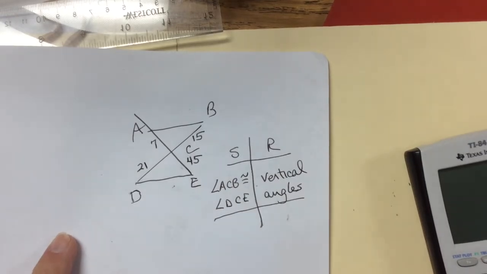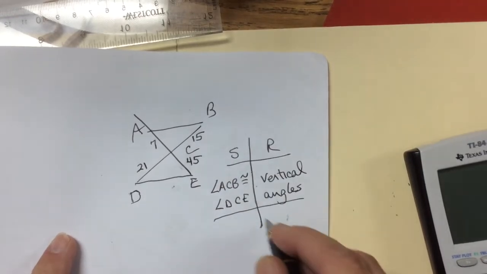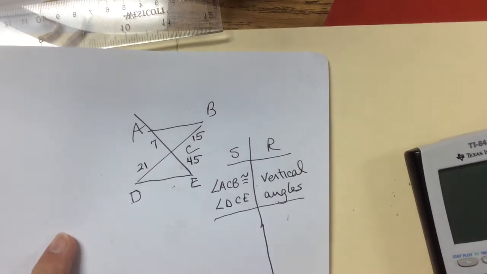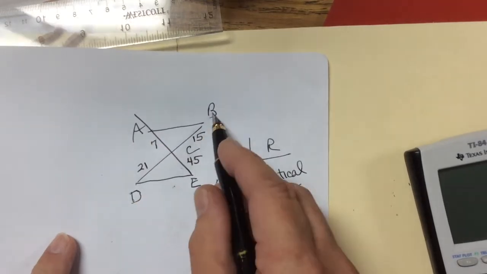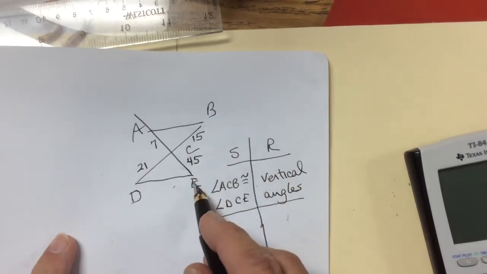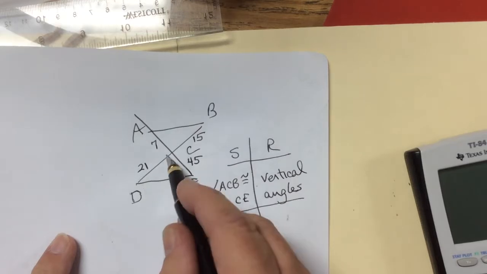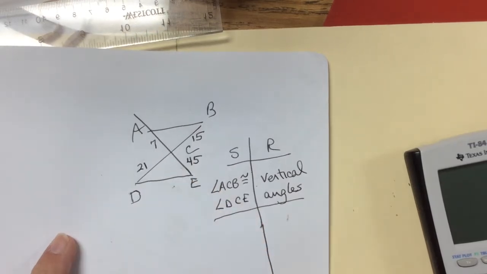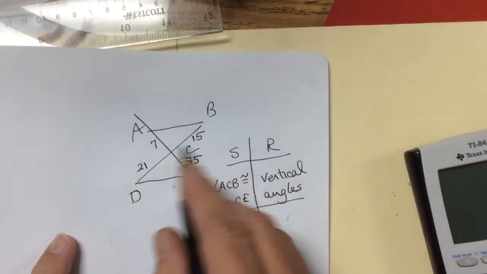Well, now I have more given information, don't I? So I have to write that down. Don't you think ECD is vertical angles to ACB? ACB and DCE. With angles it doesn't matter whether I go this way or this way. But now I have to write this down, right?